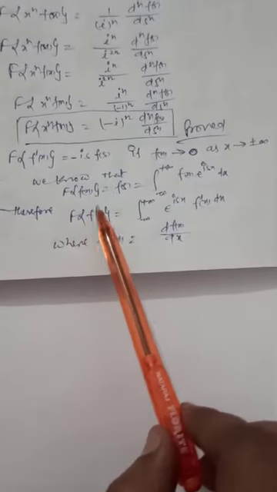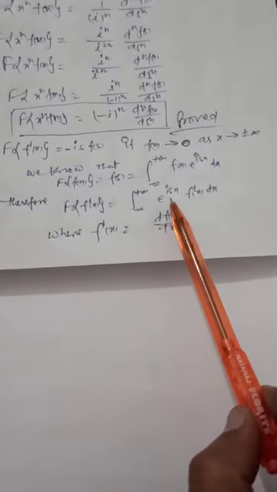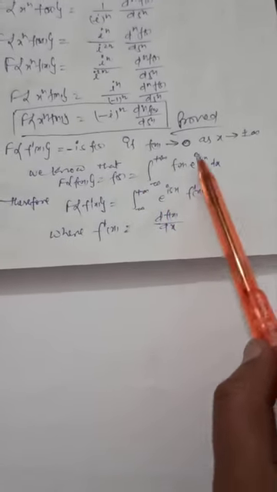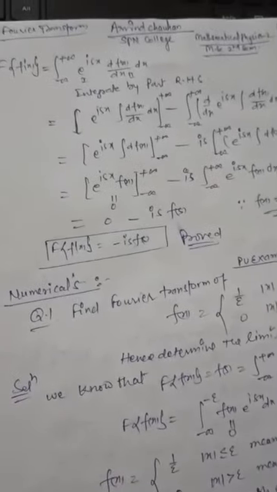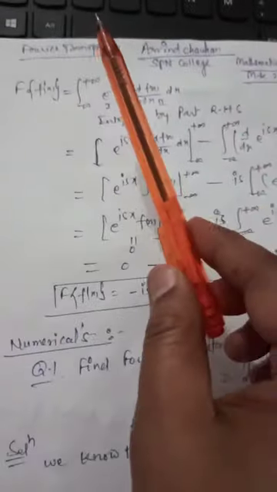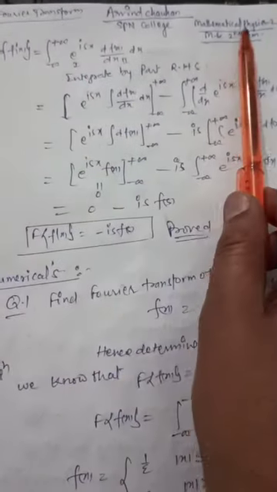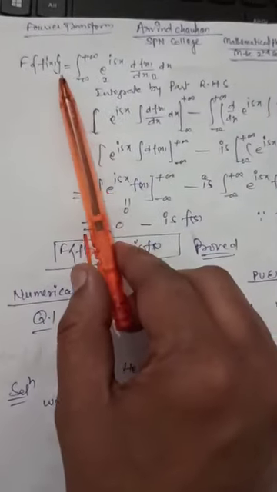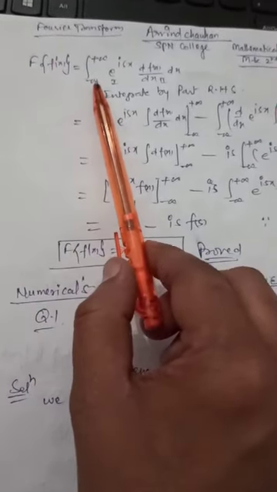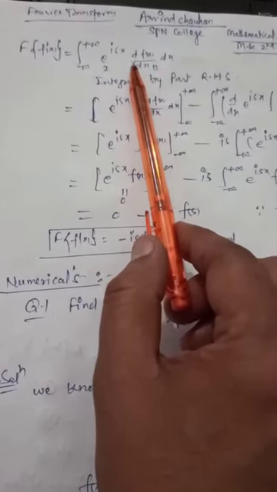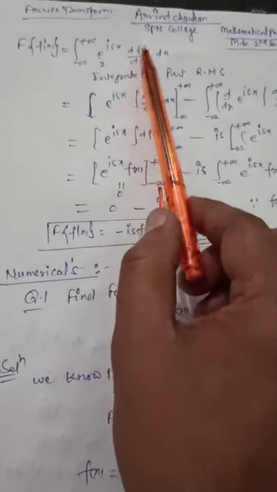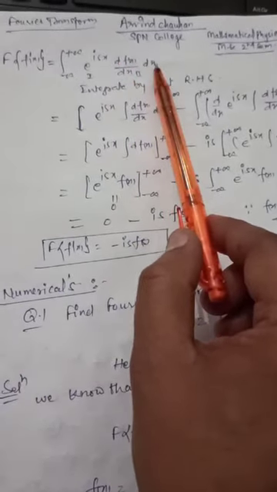Therefore the Fourier transform of f'(x) is the integral from minus infinity to plus infinity of exponential i s x times f'(x) dx. Then, the Fourier transform of f'(x) is equal to the integral from minus infinity to plus infinity of exponential i s x times df(x) over dx dx. Basically f'(x) is represented in this form.